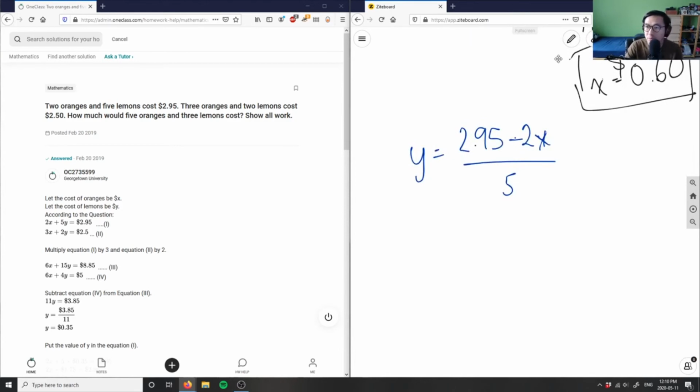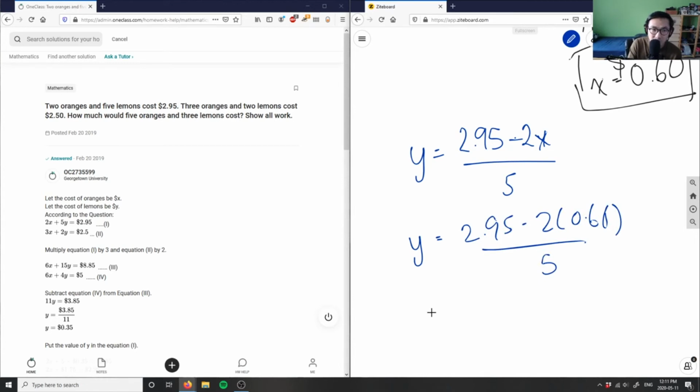Then I'm going to substitute this x value into this equation to solve for y. So y equals 2.95 minus 2 times 0.60, all over 5. This is kind of messy here. So I have 2.95 minus $1.20, all over 5.